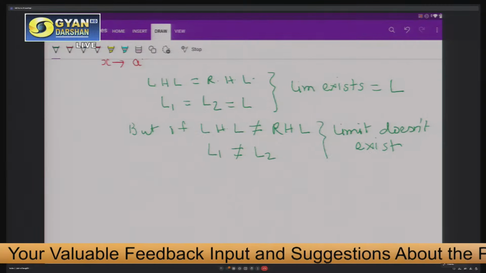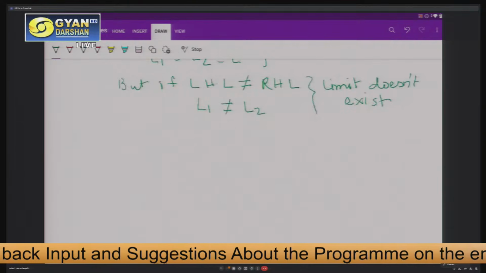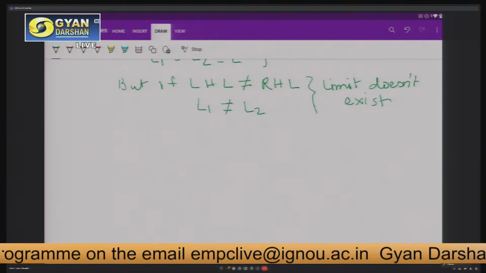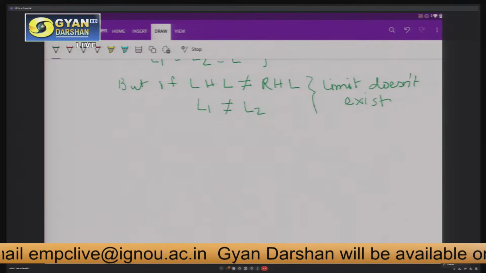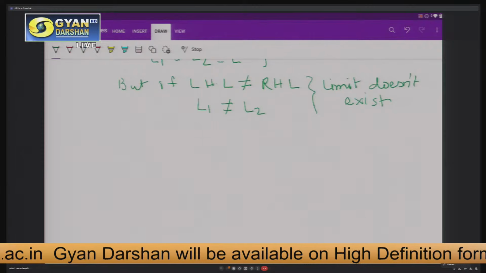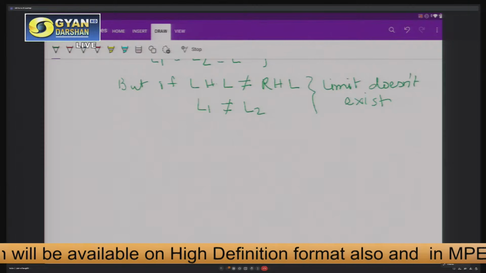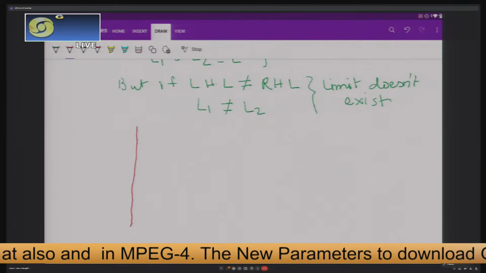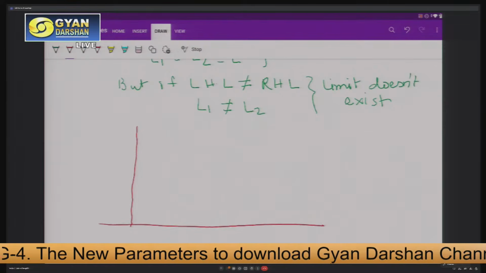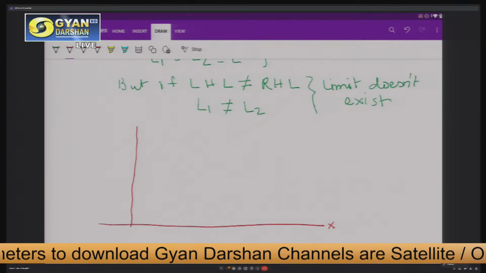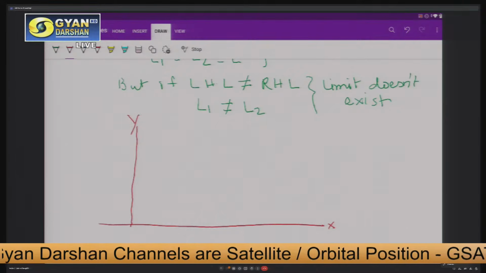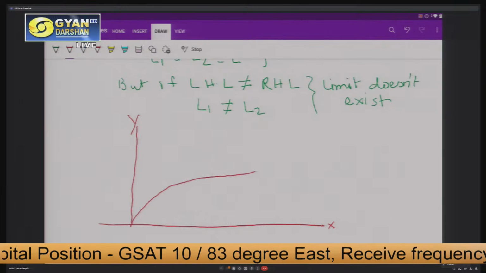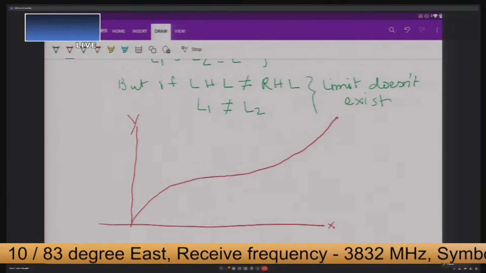Let us take some example. Say this is x and this is function y is equal to f(x), and this is our function.